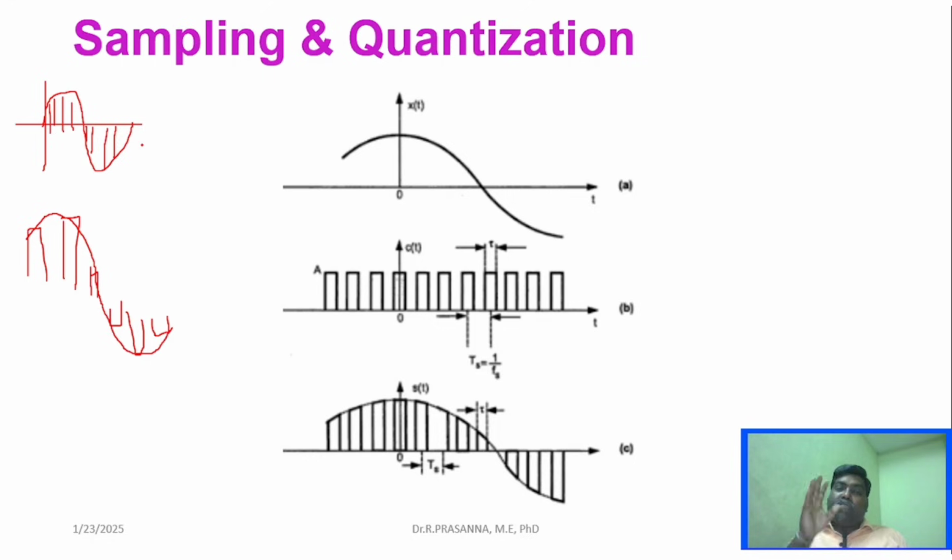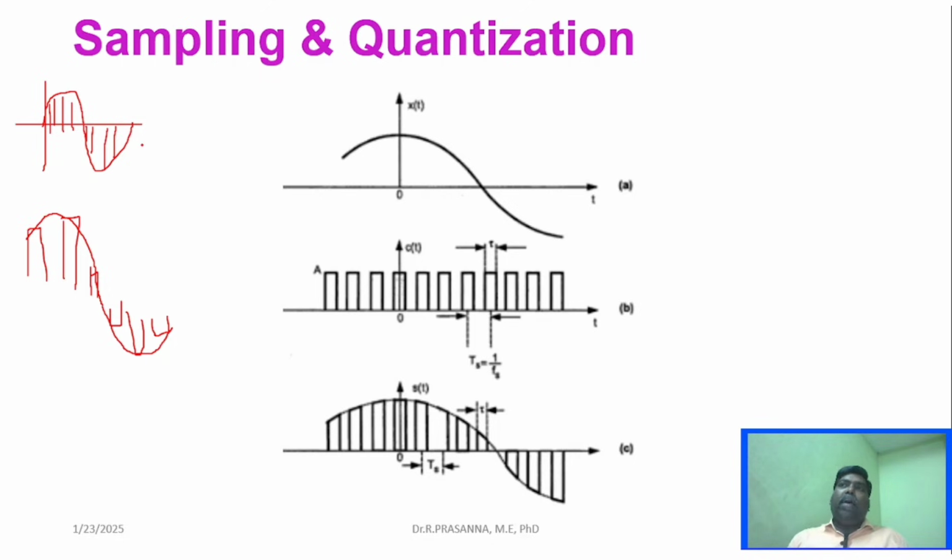You have a lot of purposes for sampling. The very important thing is you are able to reconstruct the original signal very effectively using sampling. Apart from that, it is the very first step in converting an analog signal into a digital signal. Whenever you digitize a signal, you form a digital version of the signal, and it is very easy to process.